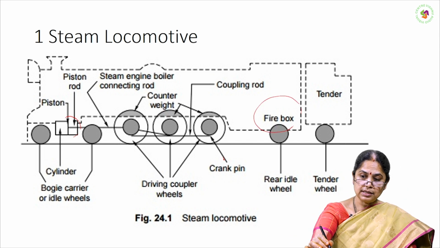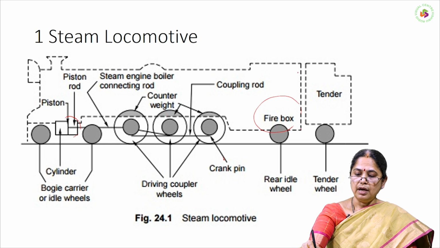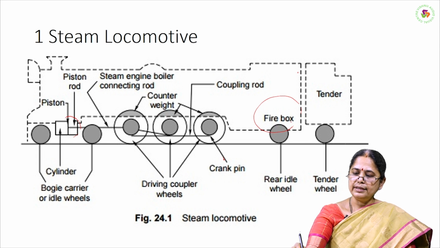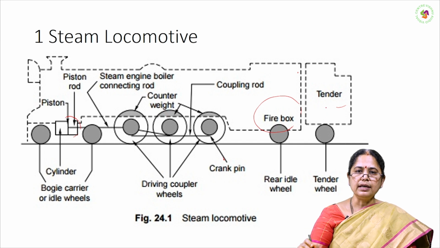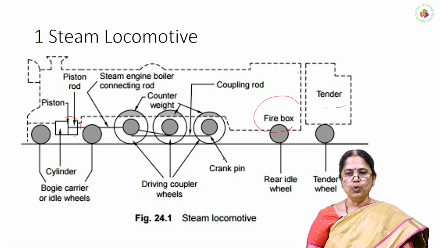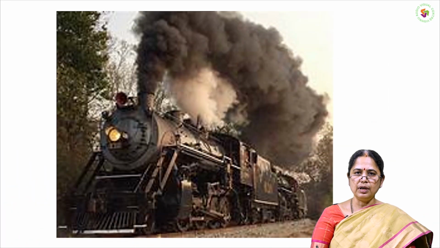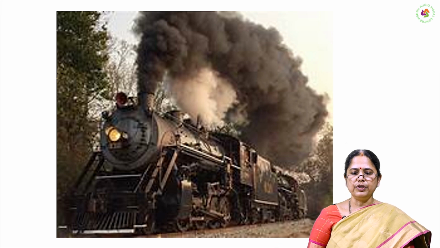Here we can see the cylinder, and this is the boiler consisting of the firebox. The tender is a bogie attached to the rear part of the steam locomotive. It consists of tender wheels, and the tender generally carries coal. So this is the real picture of the steam locomotive.